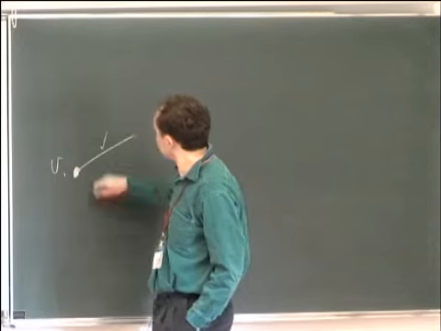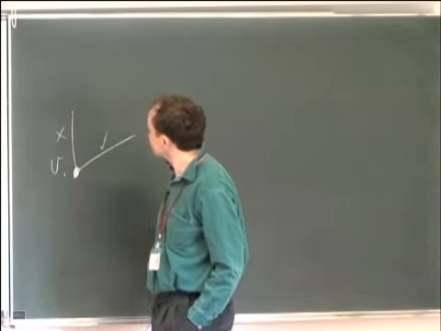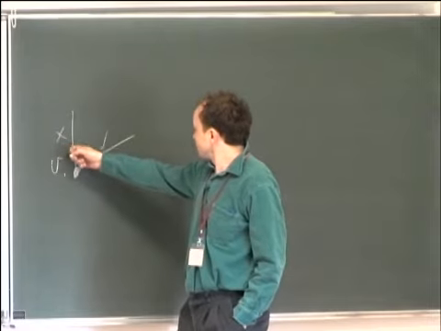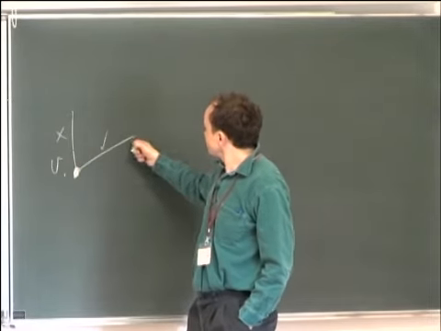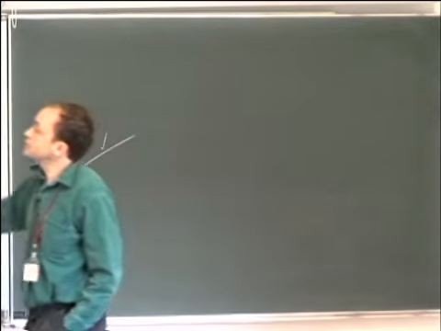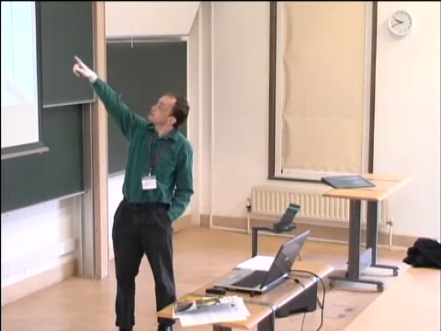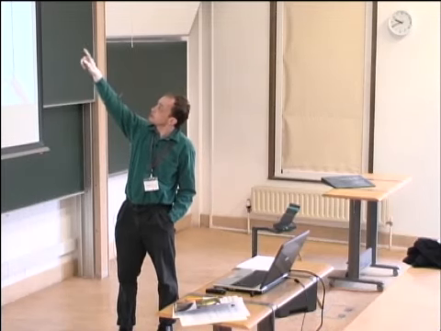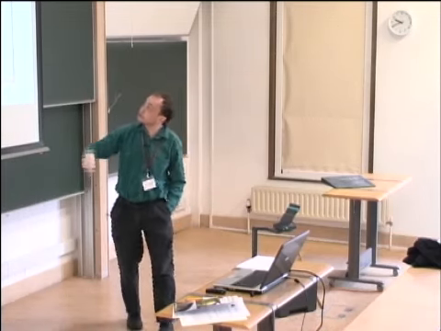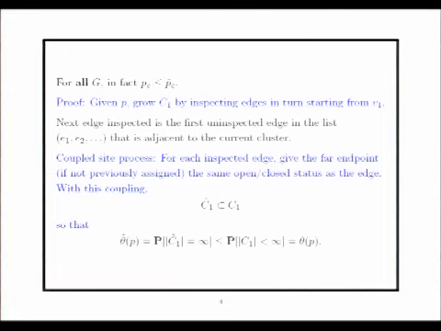So maybe that's the first edge we look at, and then the second edge, maybe we look at that and it's not open. So this one was open. If an edge is open, as it says in the argument there, the next edge inspected is the first one we haven't looked at already, as long as it's adjacent to the cluster we have so far.